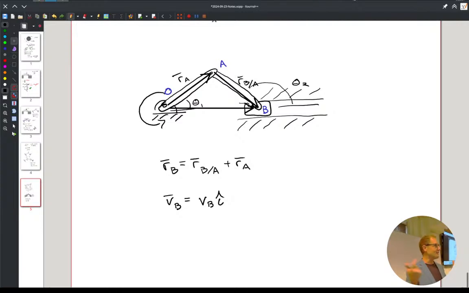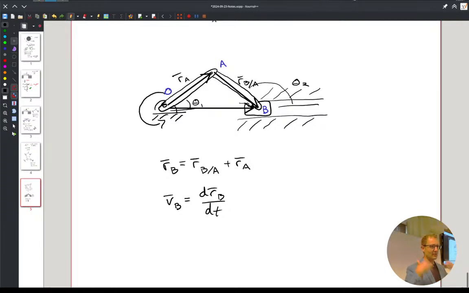But even if we didn't have that constraint, the fact that we have those two links together... VB, well, I'm going to delete this for a second. VB is the change in RB. We don't have to do any real math.